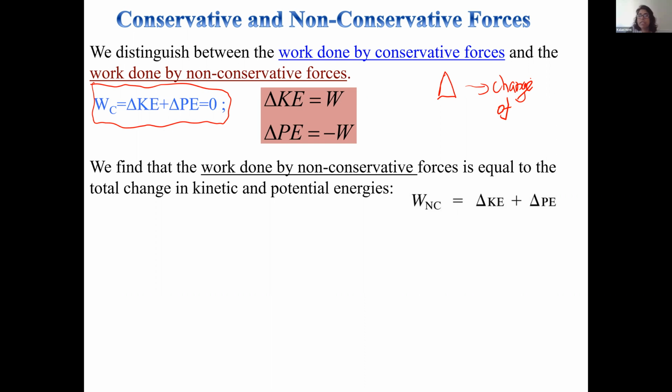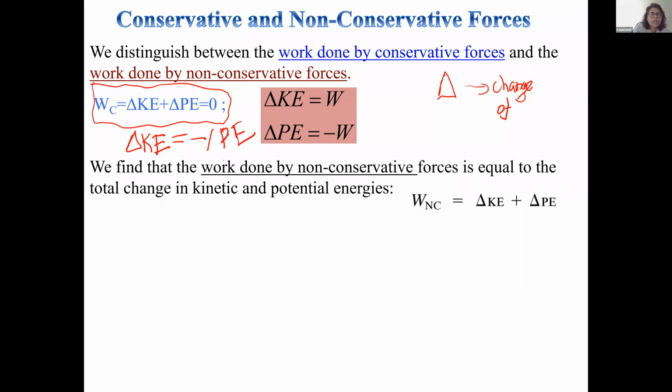In other words, change of kinetic energy is equal to negative change of potential energy.